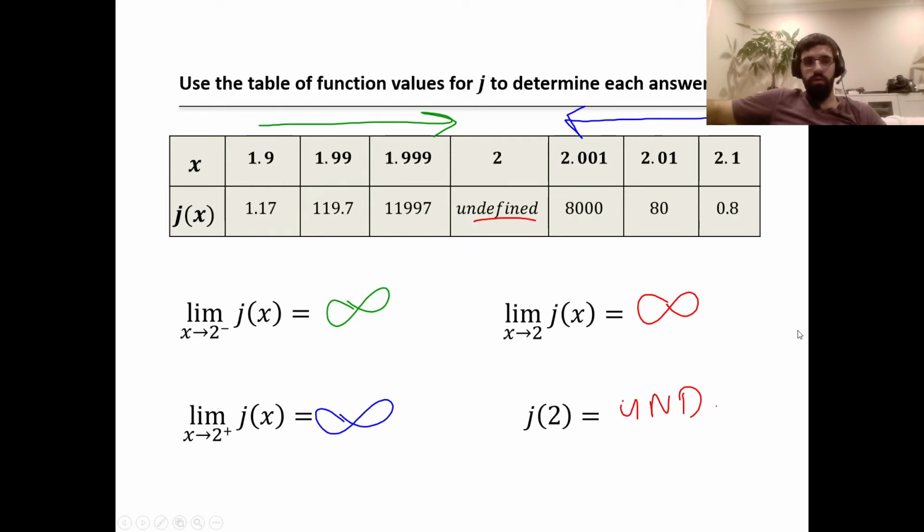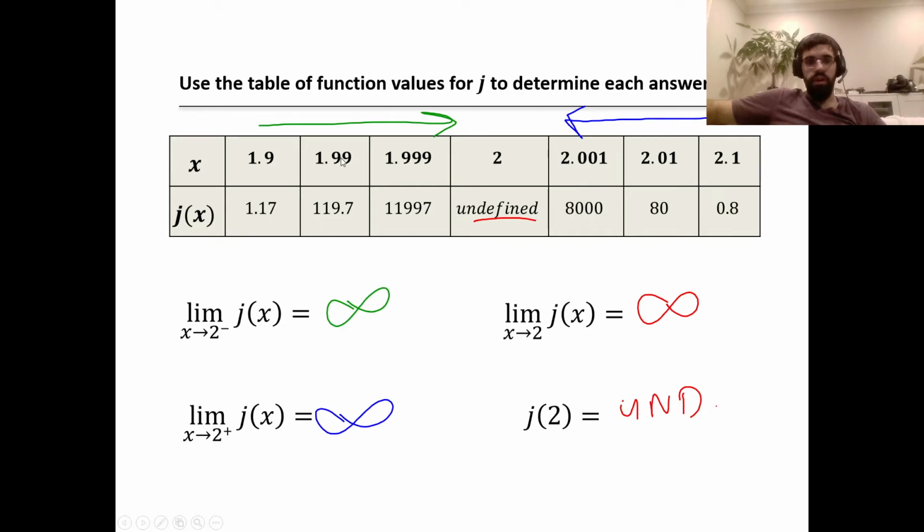So now about what it looks like when the limit approaches infinity. As we look at x approaching 2 from the left, we get a y value from 1.9 to 1.99. We're jumping by 9 hundredths, but the output goes up 100-fold.